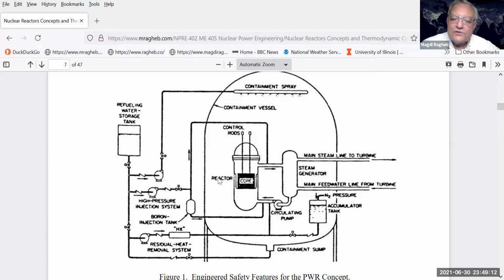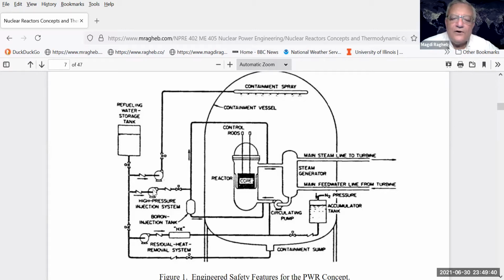Initially, the pressurized water reactor operates at a very high pressure, about 2,000 pounds per square inch. So if you want to inject water in an accident condition into the system, you have to provide pumps that generate very high pressure. So we have a coolant system that uses pumps that generate high pressure, and that's what we call the HPIS system, or a high pressure injection system.